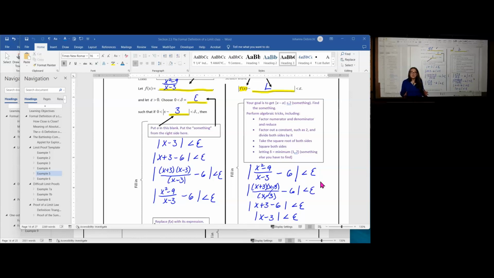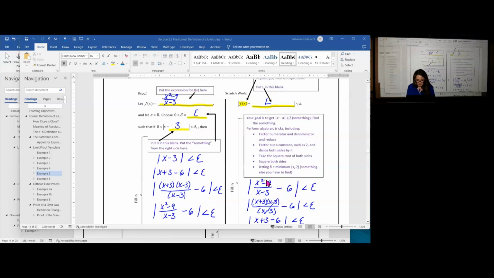Notice we didn't have to do anything to both sides of the inequality. In other words, I can choose my delta to just be epsilon. Now I write up the formal statement of the proof. Let the function be the rational function x squared minus 9 divided by x minus 3, and let epsilon be greater than 0.